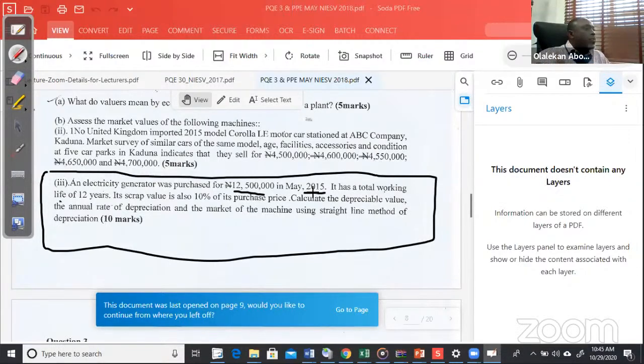It means up to today, it has been used for how many years? 5 years. So I want to thank each and every one of you for your participation in this interaction, and more particularly my noble colleague who declared 13,750,000 as the book value.